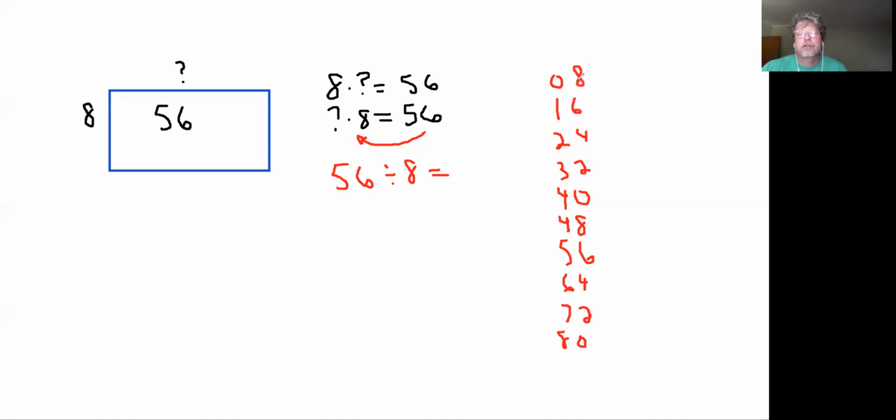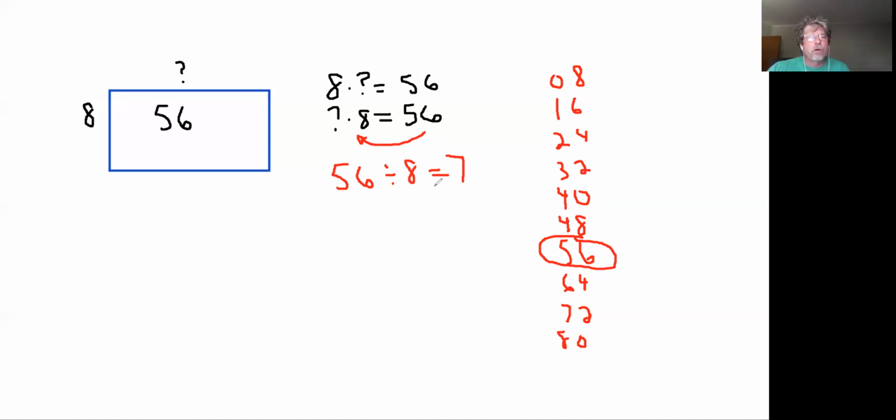So I can use that as a way of doing it. And how many 8s does it take to get 56? Well, if 56 is down here, how many 8s did it take to get there? That would be 1, 2, 3, 4, 5, 6, 7 8s to get there. So 56 divided by 8 would end up being 7. So if I'm trying to find the missing side of a rectangle, I actually could be using division to do the problem.